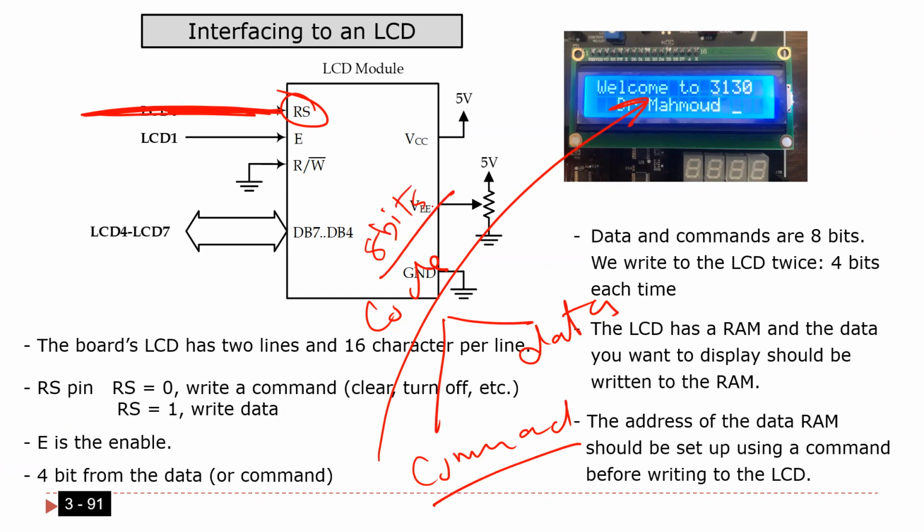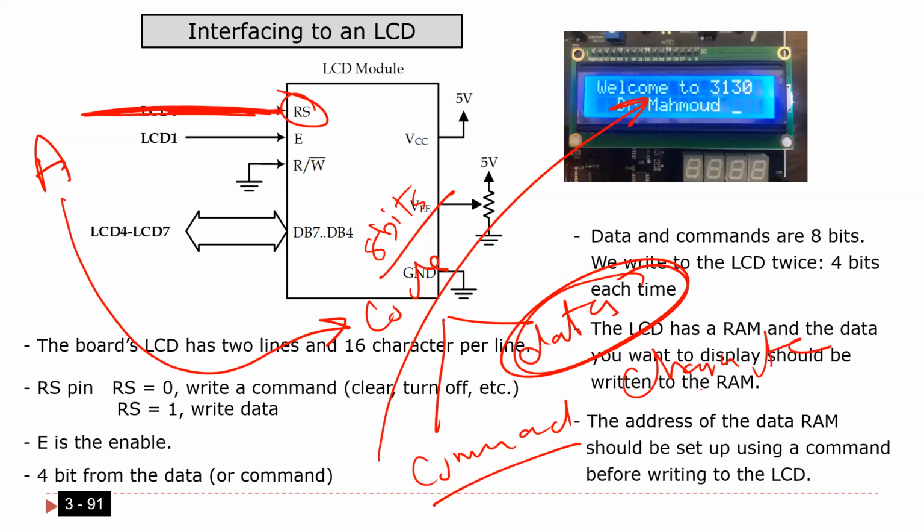If this code is for data, it has to be the ASCII of the character you want to display. For example, if I want to display the letter A, what I'm going to send here in case of data, and by data here I mean the characters. Anything you want to display, you have to send the ASCII of this character, and all ASCII codes are 8 bits if it is data.